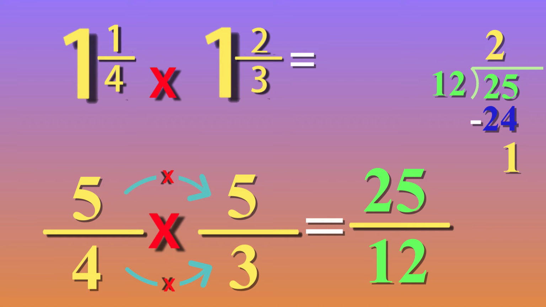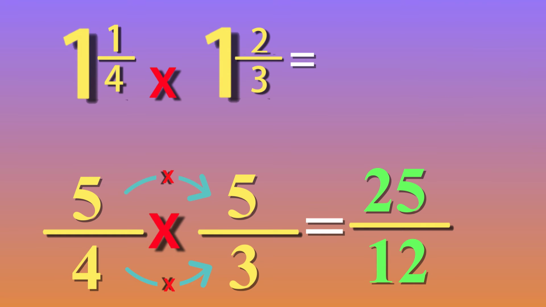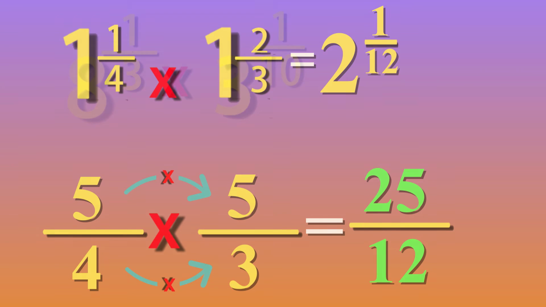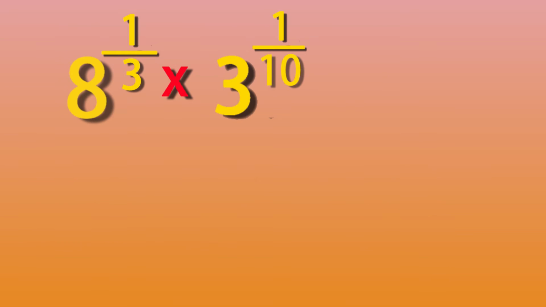So 2 is our new whole number, and 1 is the numerator of our new fraction with 12 as the denominator. Therefore, 1 1/4 times 1 2/3 equals 25 over 12, which, when converted back to a mixed number, equals 2 1/12.